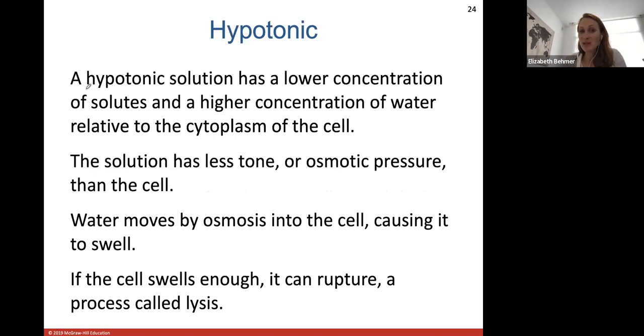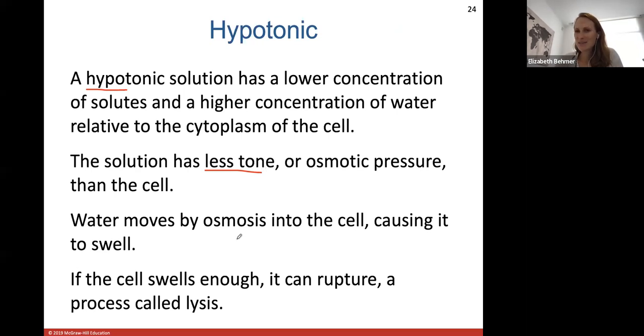Again, a hypotonic solution has a lower concentration of solutes and a higher concentration of water compared to the inside of that cell. The solution has what we call less tonicity or osmotic pressure than the cell itself. So this is really important. What happens when we put a cell into a hypotonic solution?